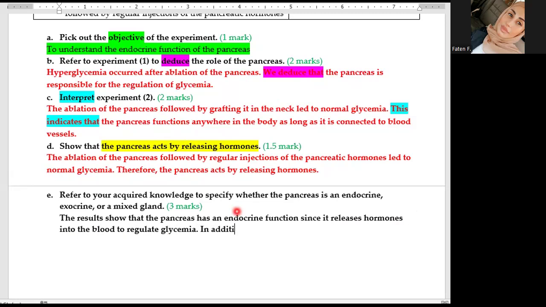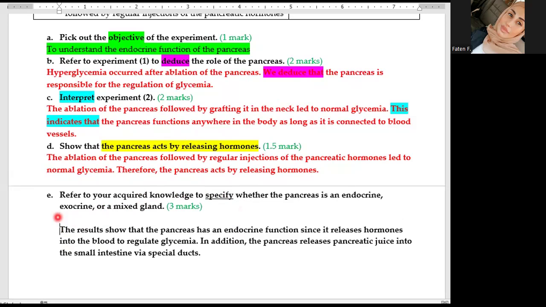But in addition, we know based on our acquired knowledge the pancreas releases pancreatic juice into the small intestine. And these pancreatic juices reach the small intestine using special ducts, they have their own pathway, they are not released into the blood. Okay, it's a specified question, guys, so we have to start with the answer.